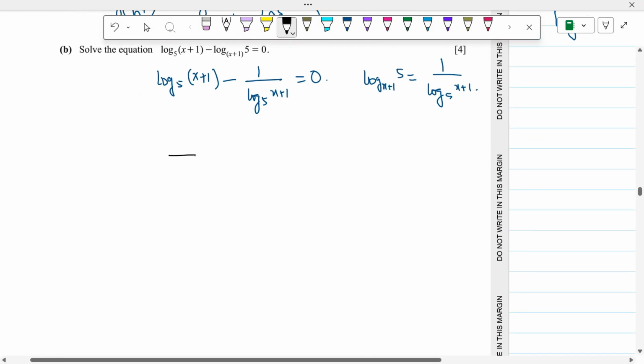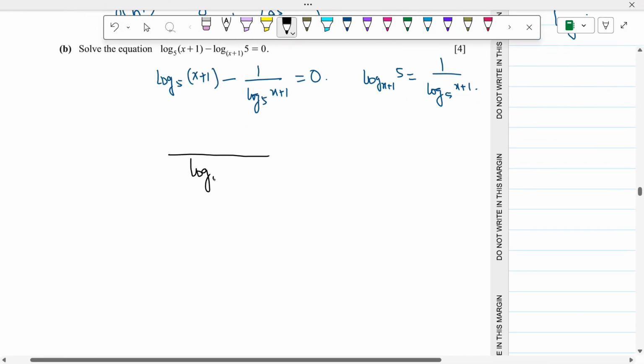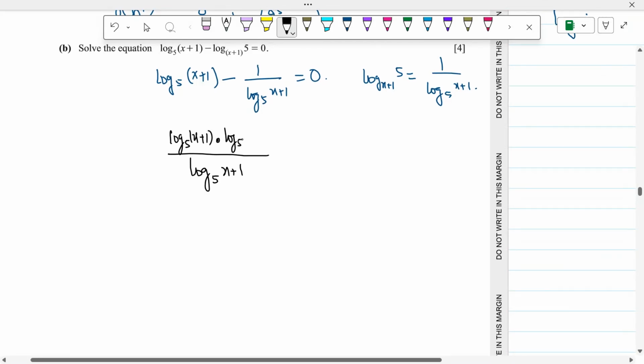So by taking LCM, we have log base 5 of x plus 1 times log base 5 of x plus 1 minus 1 equal to 0.